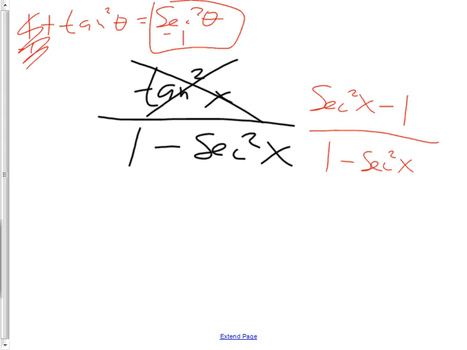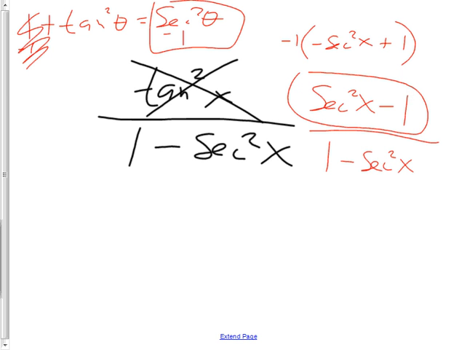No, you can't cancel them the way they are. Now, could I factor out a -1 from this? Let me just see what happens if I do. If I factor out a -1, then would I have negative secant squared x plus 1? Do you get what I just did there?